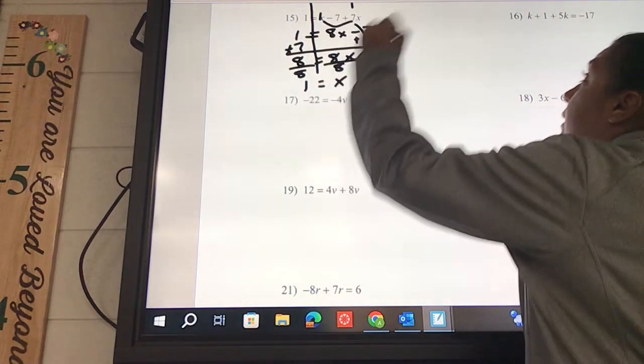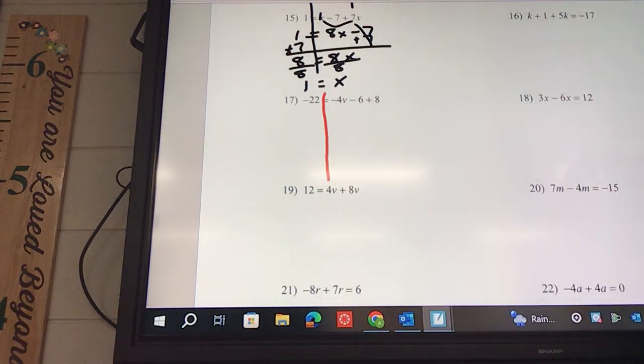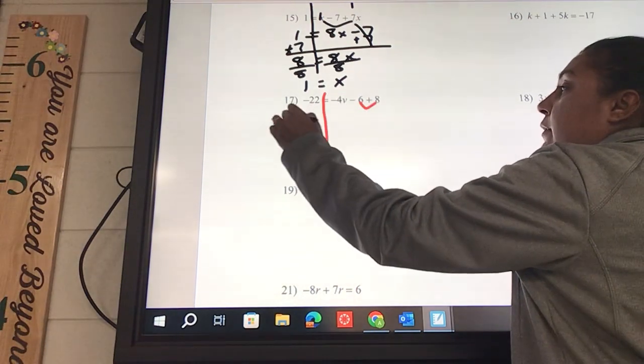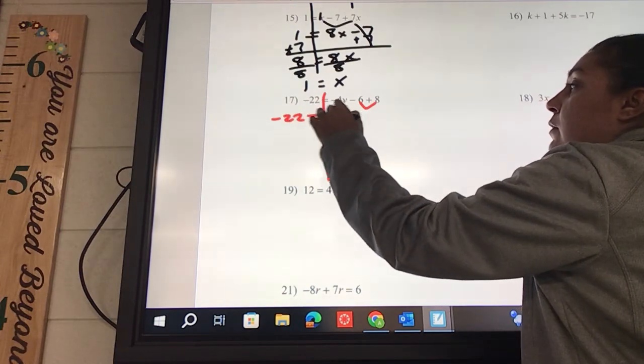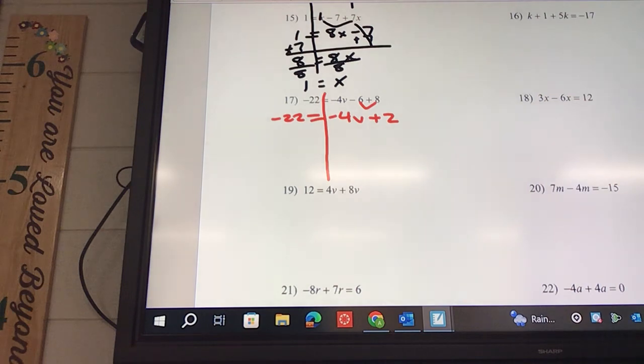Okay, 17. How many pieces are on the left? 1. How many are on the right? 3. So something on the right needs combined. What can we combine? Negative 6 and the 8. So I'm going to get negative 22 equals negative 4b plus 2. You're going to get a plus 2 for that. Who's the third wheel?